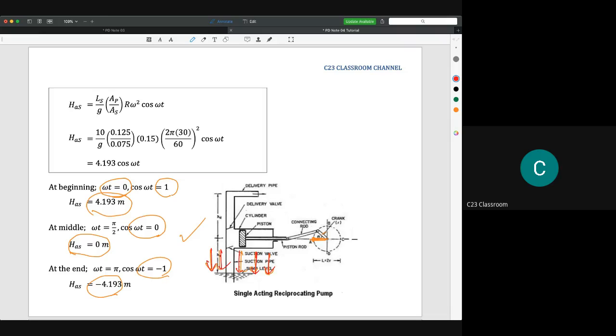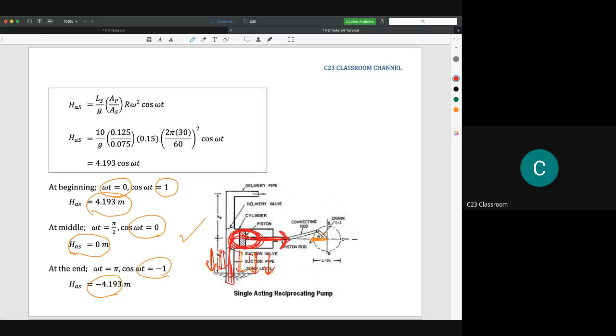And then if the piston moves to the right here, we hope that the pressure created inside this cylinder is lower than atmospheric pressure. Why? Because if the pressure here is lower than the atmospheric pressure, then atmospheric pressure will push water here and it could flow into the cylinder.